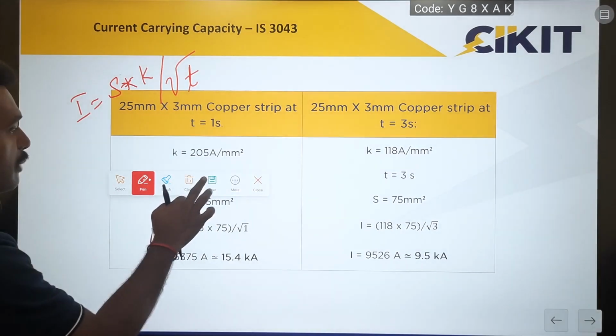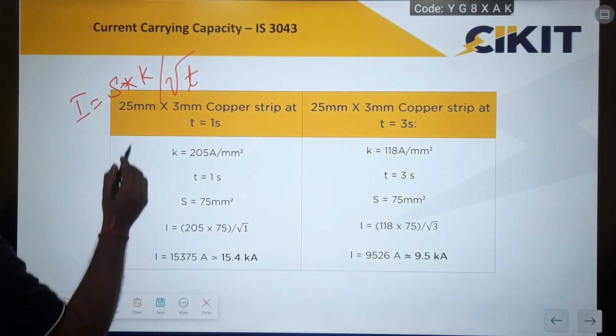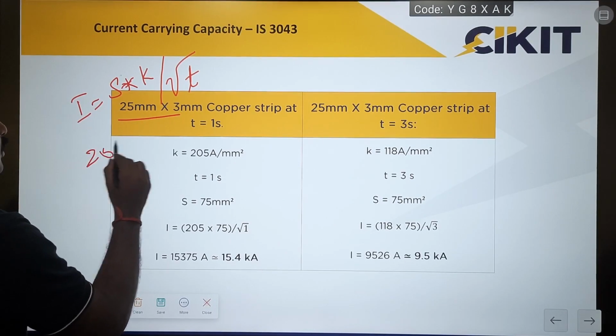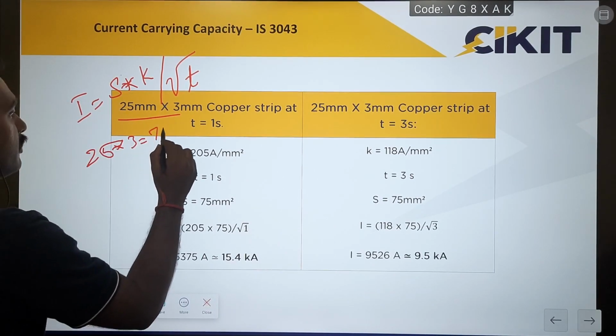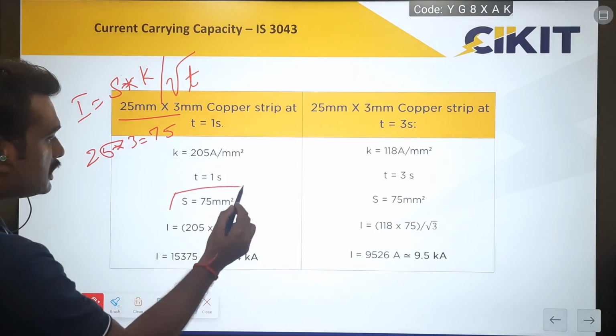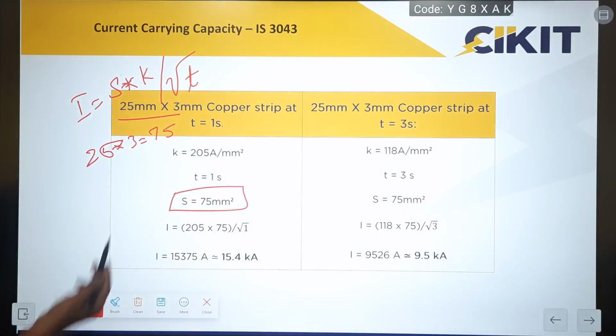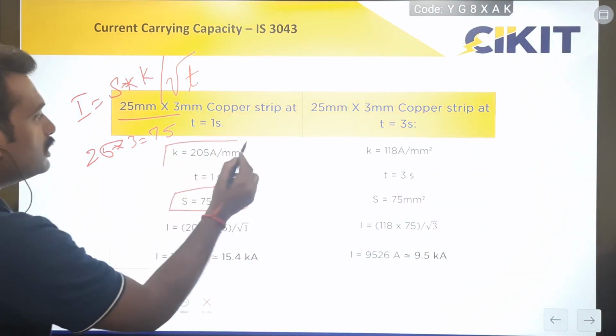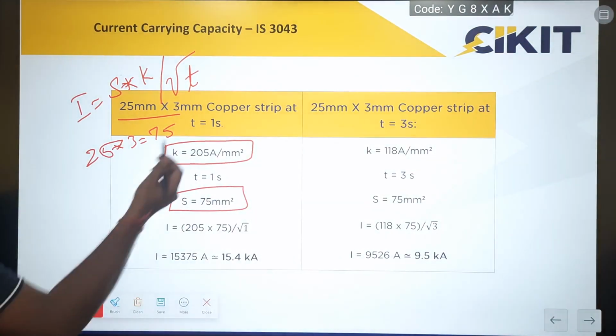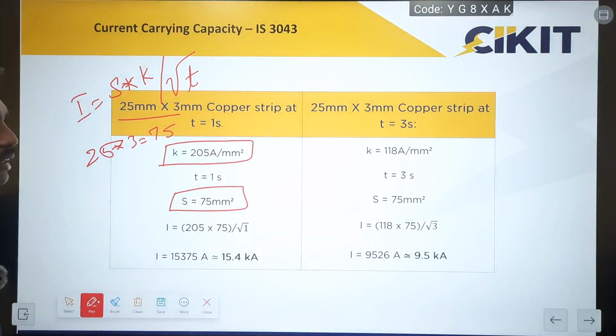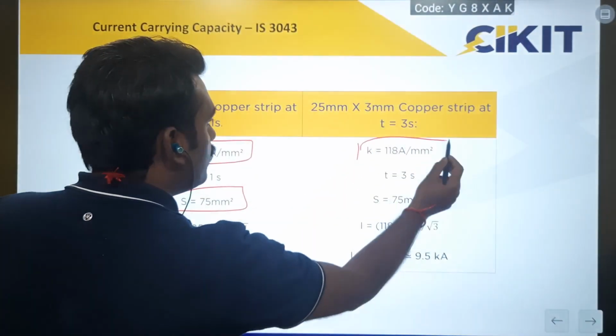Here, if I am using 25 by 3 mm, the cross-sectional area will be 25 into 3, which is 75. So the cross-sectional area will be 75 mm square. The K depends upon the material and the duration. Since it is 1 second, I am taking 205. For 3 seconds, it will be 108.